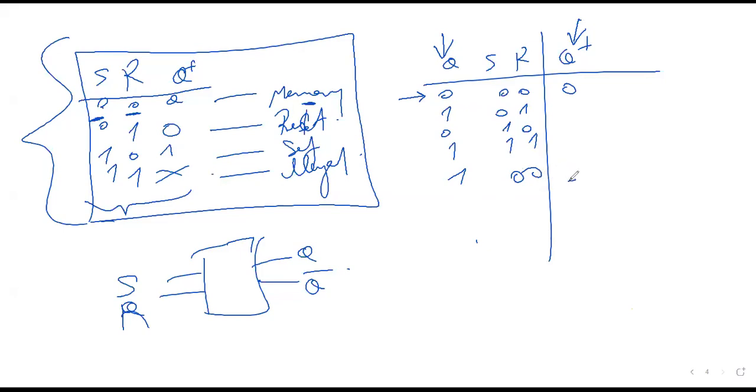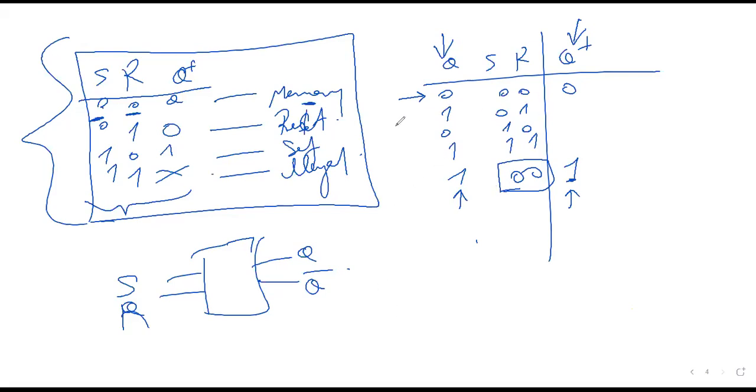What will be the next state here? It is 1, because this state is supposed to be equal to this state, because we have 0, 0 here. 0, 0 means we have the memory state.